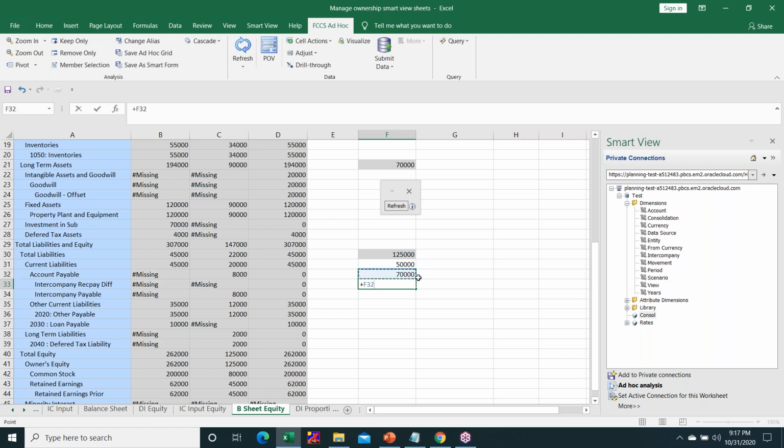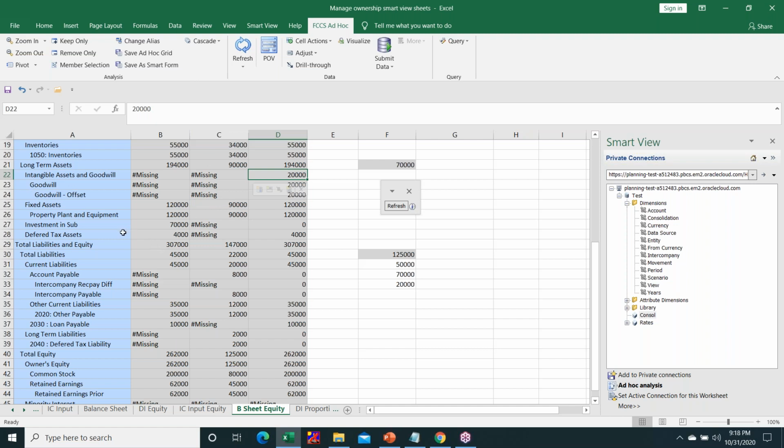So this means that I have paid 20,000 excess for the goodwill. So this is how the goodwill number gets calculated. All the asset numbers will roll to the consolidated level of only the parent company.